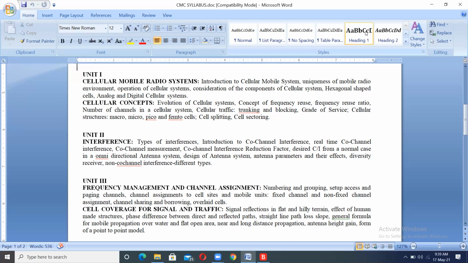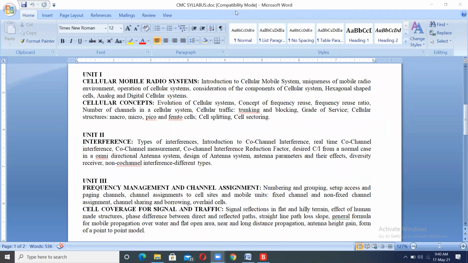The second part of the third unit comes under cell coverage. And the other one is cell coverage for signals and traffic.